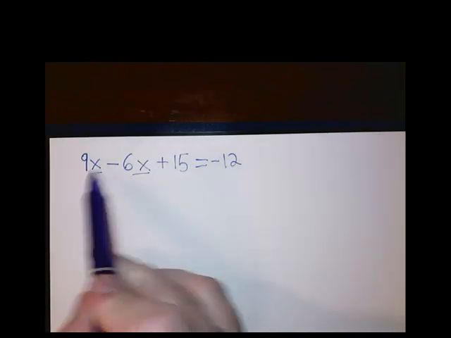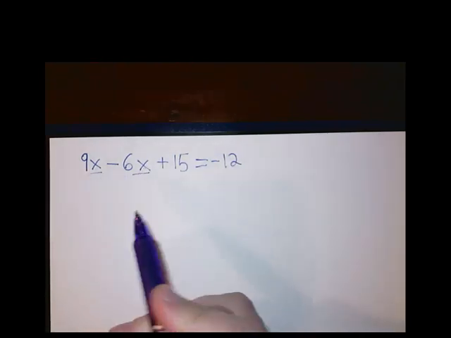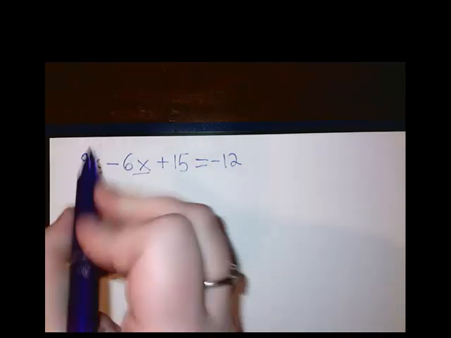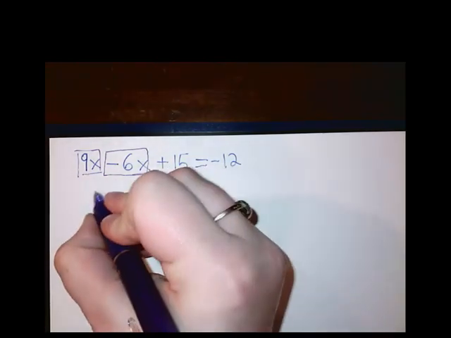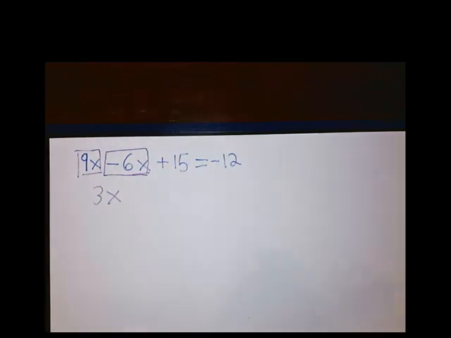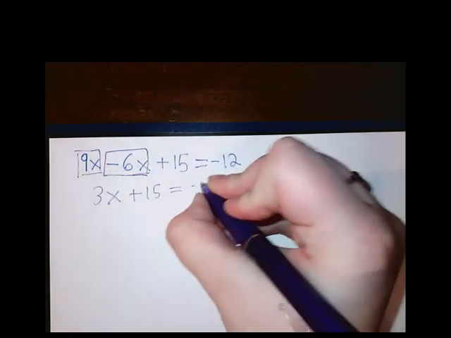Okay, notice x and x, the exact same variable with the exact same exponent. So these two are like terms. I can add these two together. Okay, I'm going to take the sign in front of the 6x as well. So I get 9x minus 6x, which gives me 3x. Plus 15, which is equal to our negative 12.